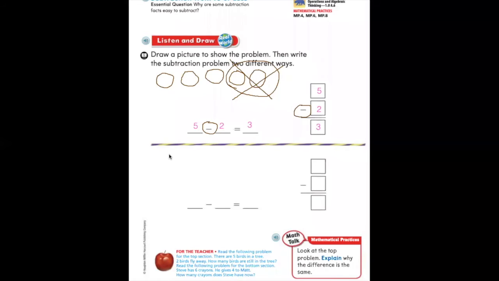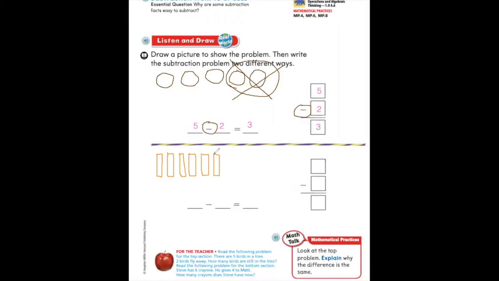Now that you've had some time to draw, let's check out and see what we did. We know that Steve had 6 crayons. So one way that you could have shown that is by drawing 6 crayon shapes, or maybe some rectangles. This shows 6 crayons.